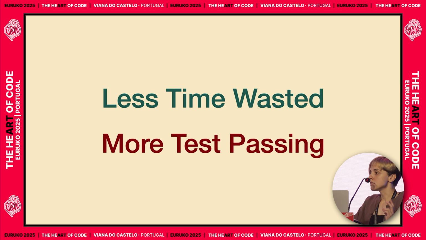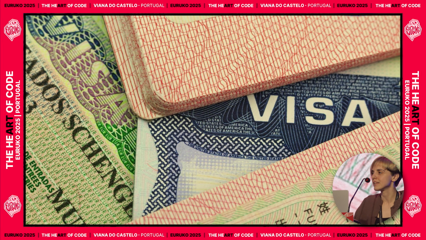So yeah, those are two little tricks that can help you with testing your multi-threaded code. And with all this journey to Euruko, I actually realized that getting your visa and writing tests for multi-threaded code look a lot alike.